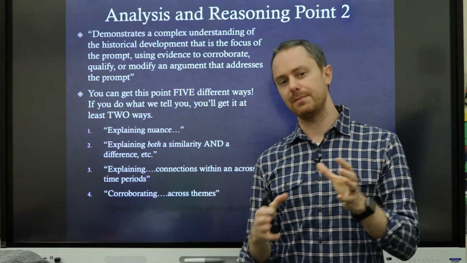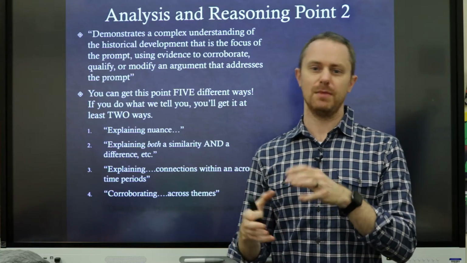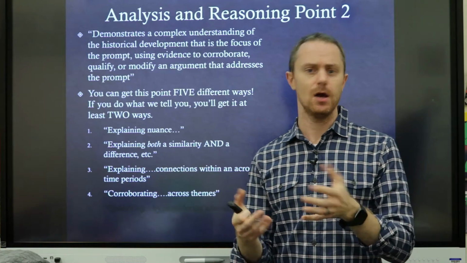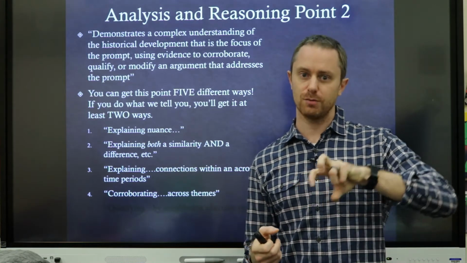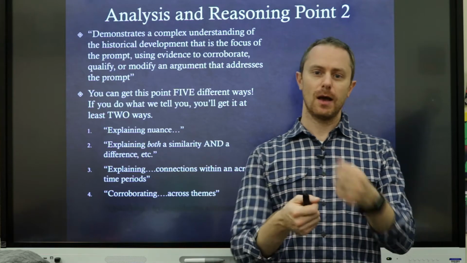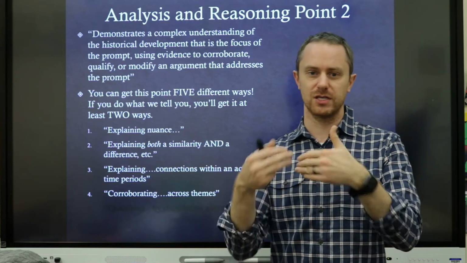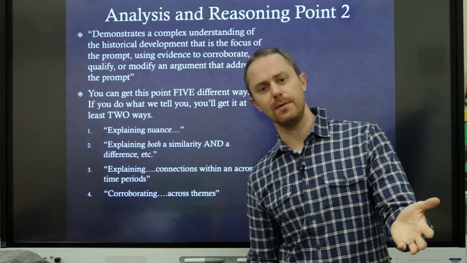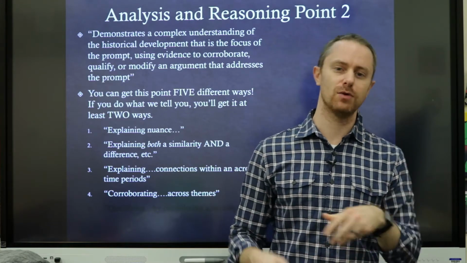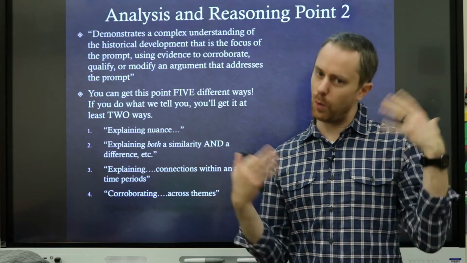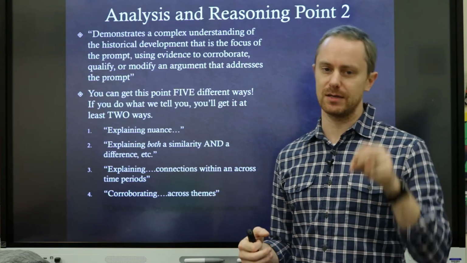So the prompt may be focused on one, maybe two themes, and you talk about that extensively within your essay. Great. Let's see if there's some overlap with another one. It's not hard to imagine that these policies of this government would have social implications or economic implications, or perhaps they would affect the humans in their interaction with the environment. It's just the way we look at the world, and we just got to put that down on paper.